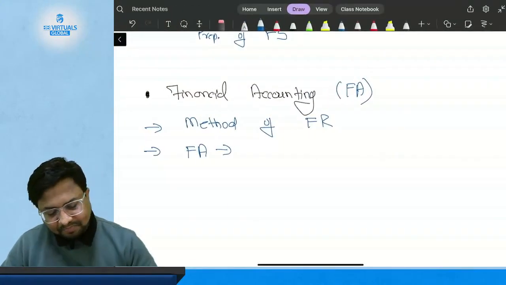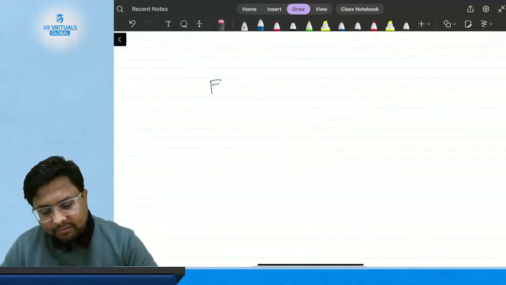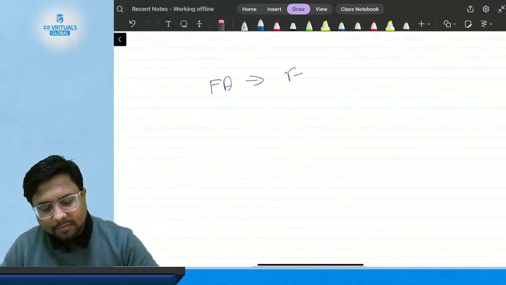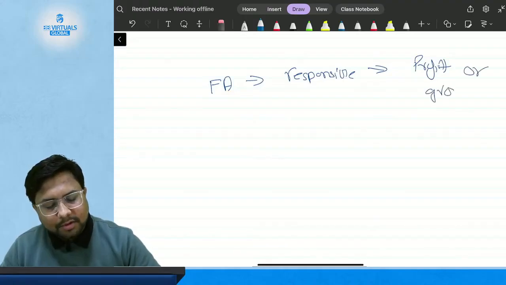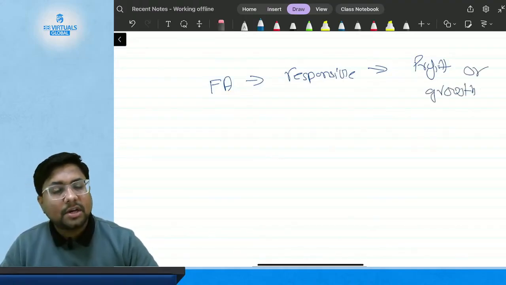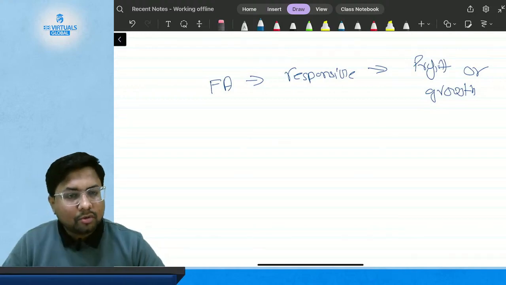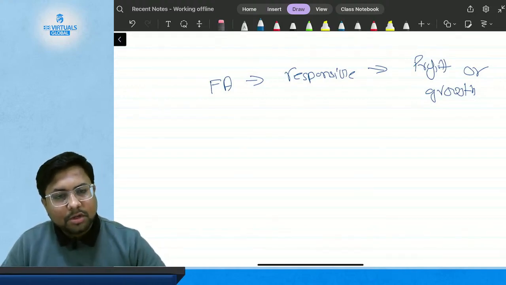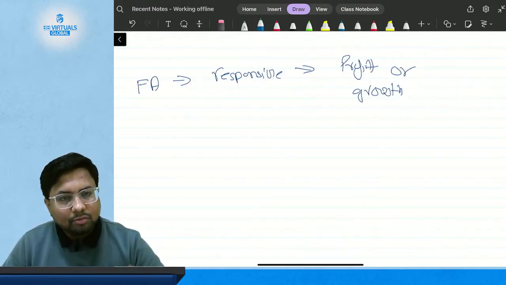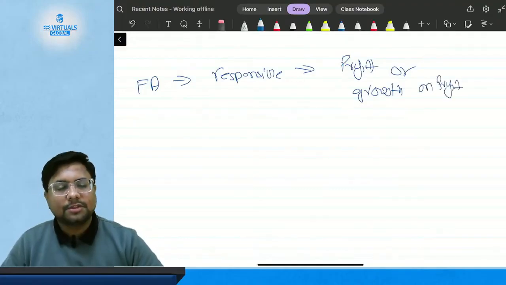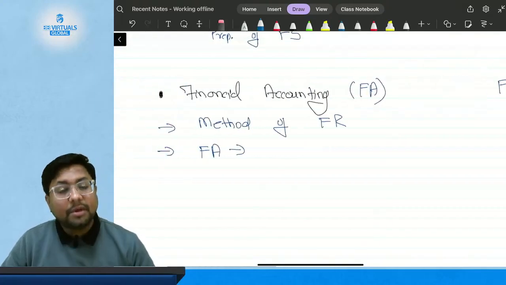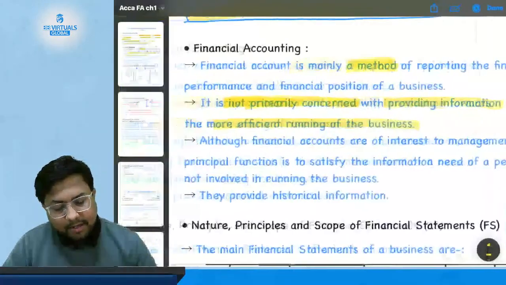You cannot say that financial accounting is responsible for profit or growth in profit, because it is a method of financial reporting.